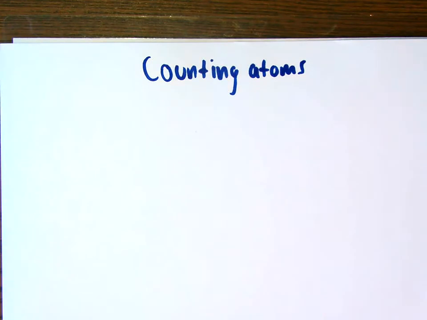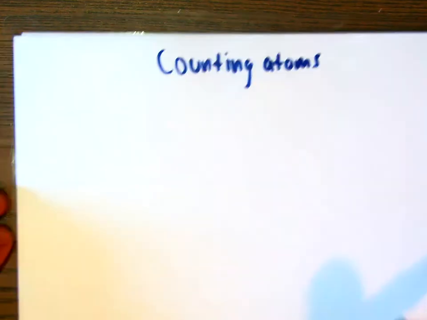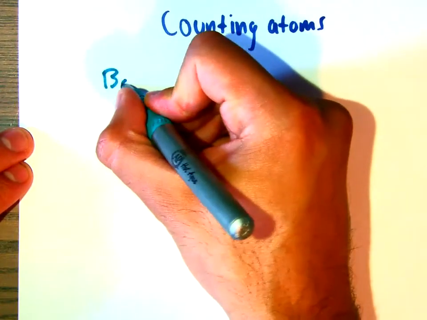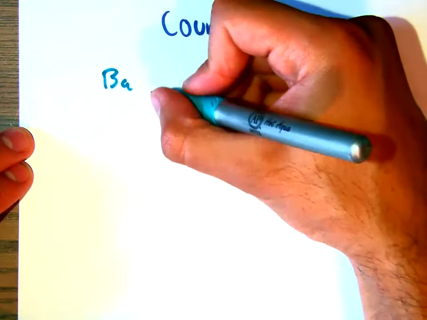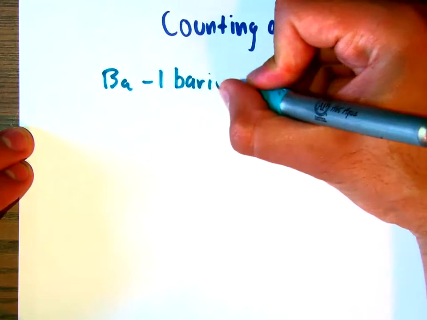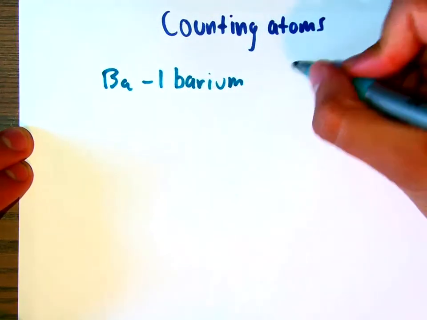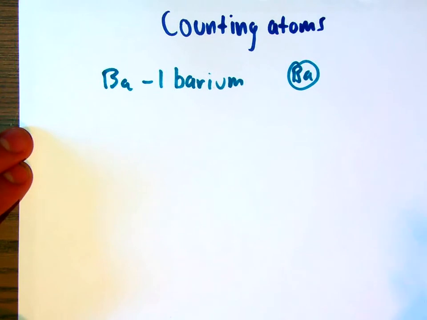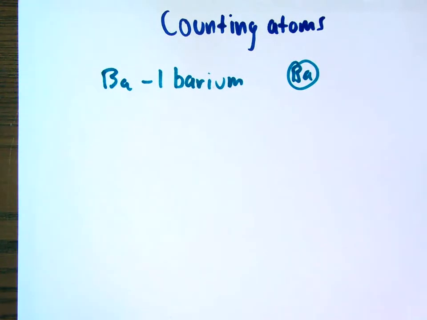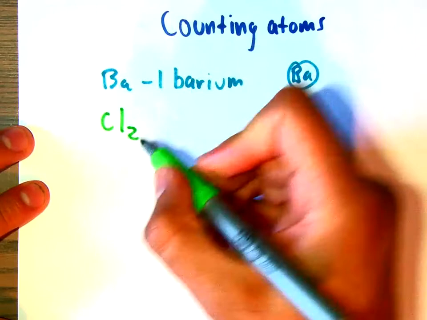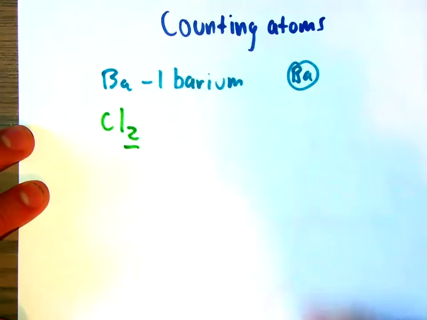So let's say I have a simple compound that just says Ba, which stands for barium. That just means I have one barium. If I have something that looks like this, Cl2, it has what we call a subscript.